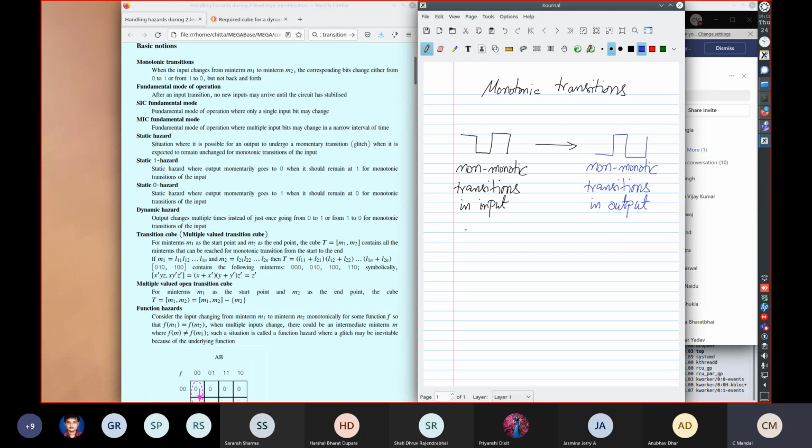So to study hazards, what we consider is monotonic transitions in the input. Monotonic transitions means 0 to 1 or 1 to 0.